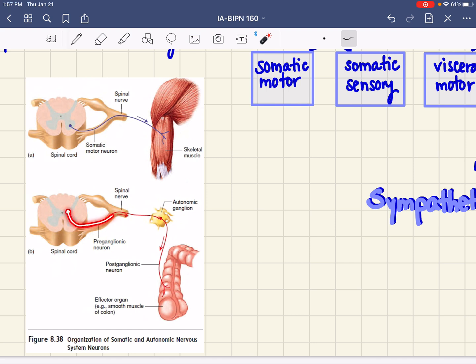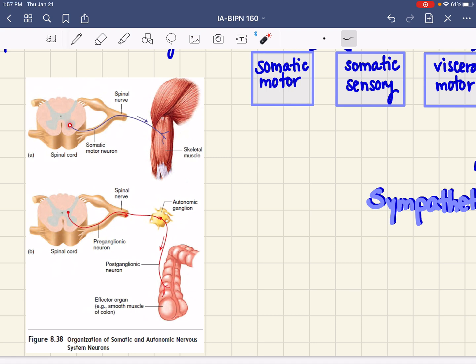So we see a preganglionic or presynaptic neuron, and then after a synapse, we see the postsynaptic or postganglionic neuron. So one distinction is that the somatic nervous system has only one neuron, and the autonomic or visceral nervous system has two neurons.